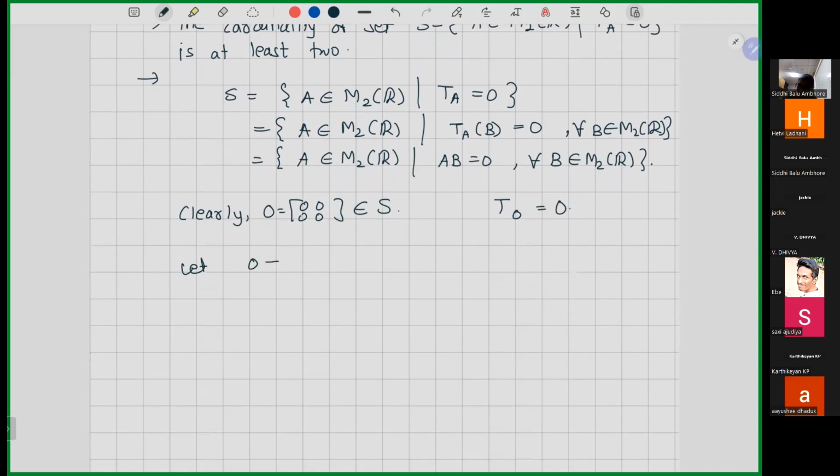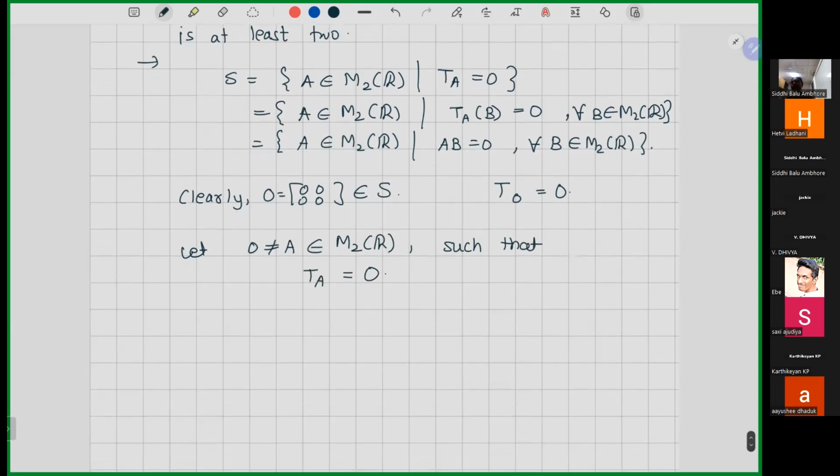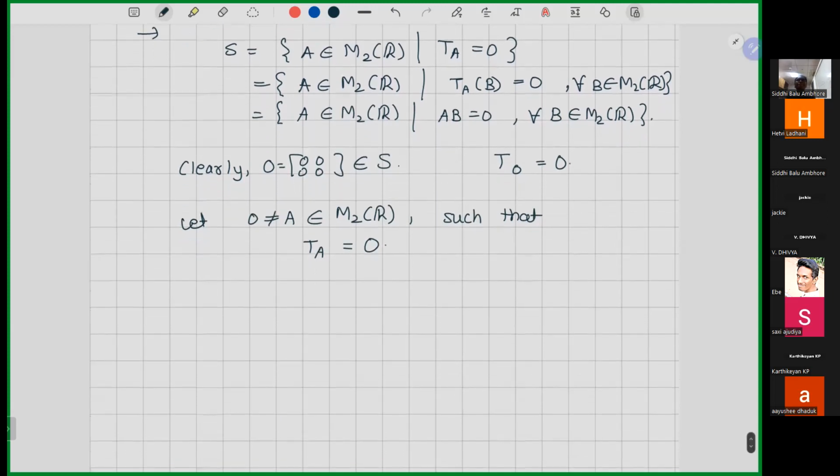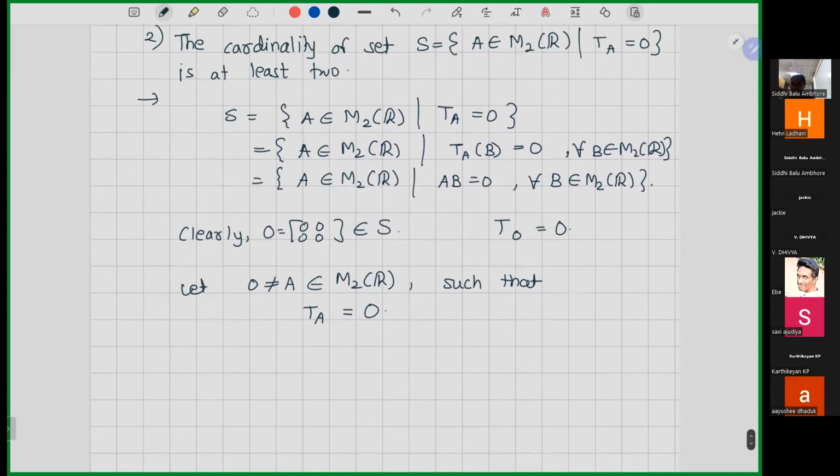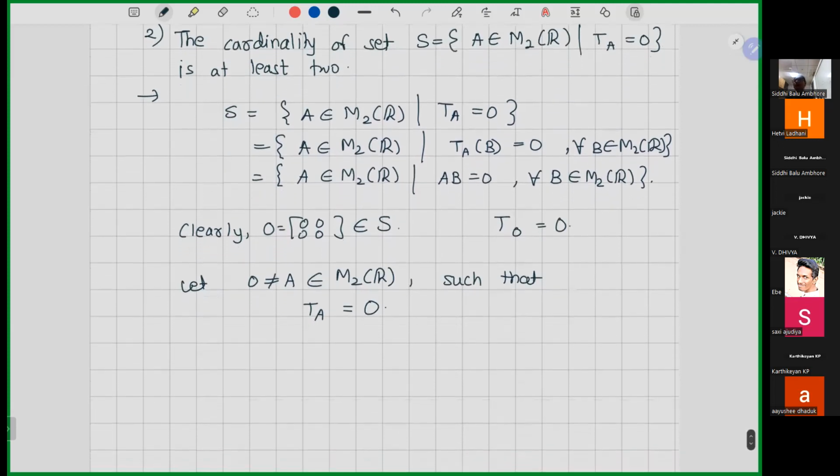Let A be any non-zero matrix, or let me write it this way: let A in M2R such that TA is 0. No, we are not talking about the injectivity of the map here.